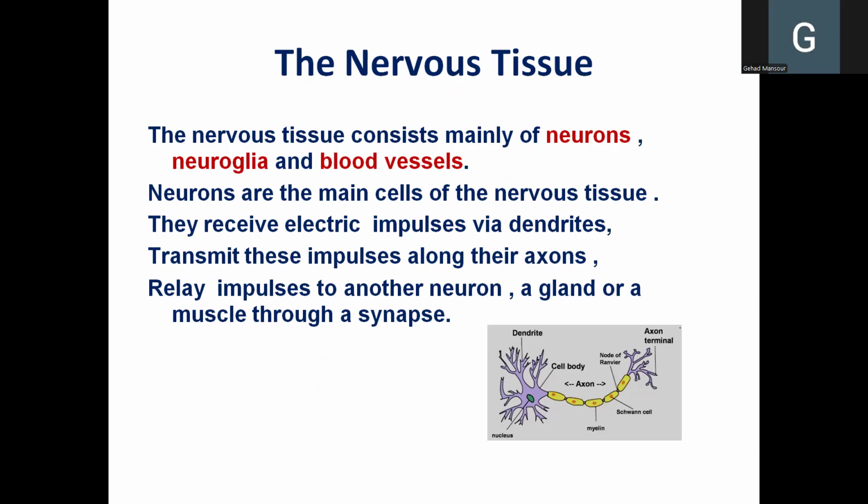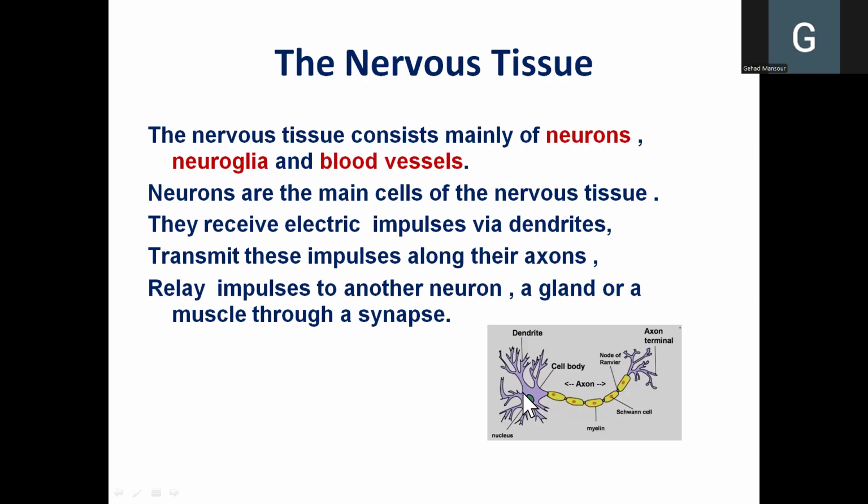As we said before, the nervous tissue is essentially made of neurons, which are these nerve cells, whether they are sensory nerve cells or motor nerve cells. But it's also made of other cells that are called the neuroglia, as well as of blood vessels. So the neurons are the main cells in the nervous tissue. But in addition to the neurons, we have the neuroglia, and we have the blood vessels.